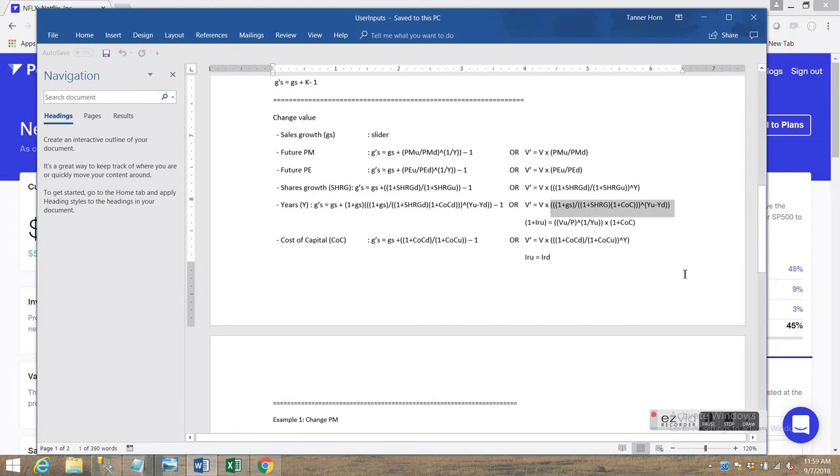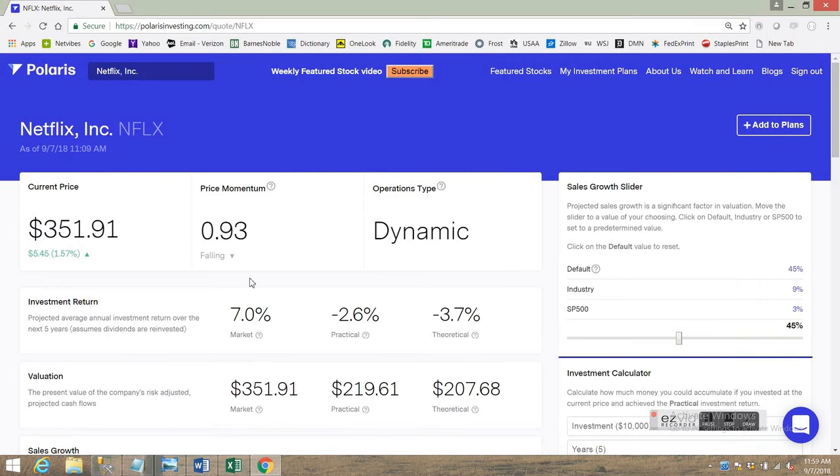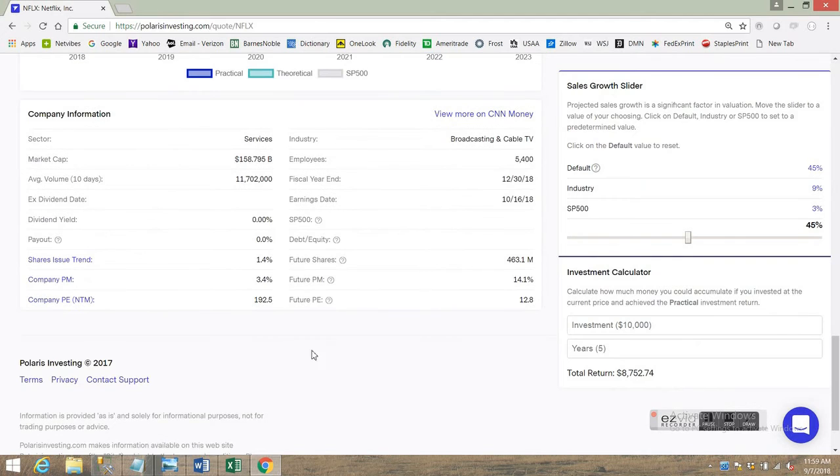So I'm going to go ahead and calculate that for Netflix. I'm going to assume a 45% sales growth, share growth of just about 1.4% a year, and a cost of capital of 7%. Where I got the 7% is from here, and when I scroll down, I can see that the growth of shares is assumed to be 1.4%.